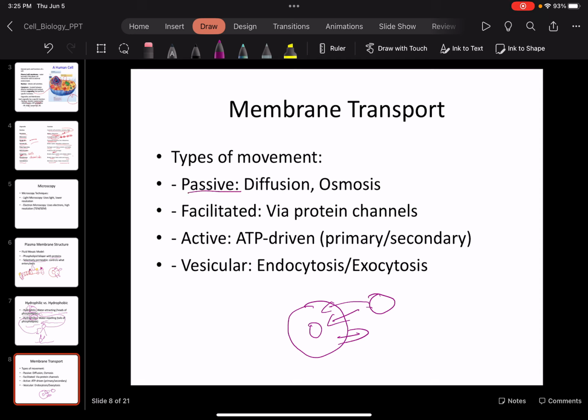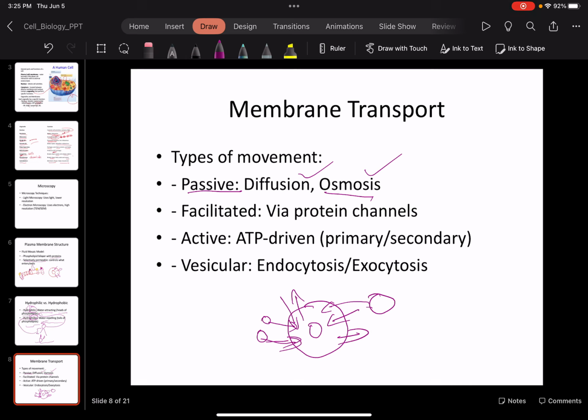One is passive. Passive can be diffusion or osmosis. Diffusion is where the molecules go in and out. That's passive because it doesn't require any energy. It can go in and out without energy requirement. Osmosis is where the water goes in and out.